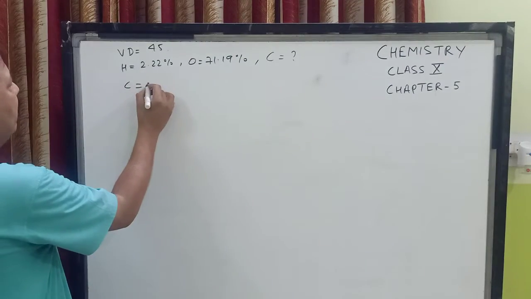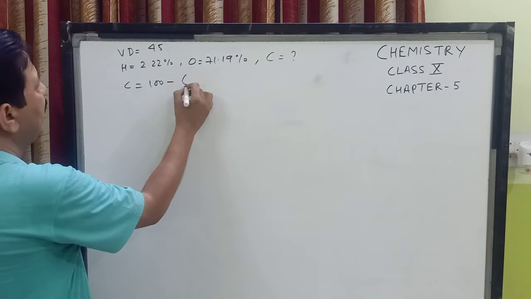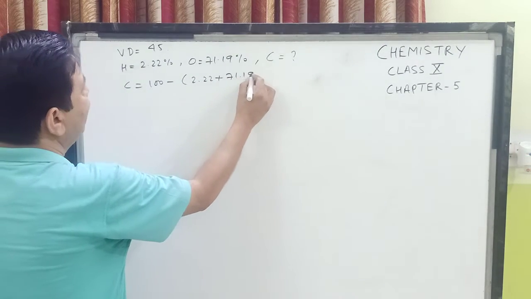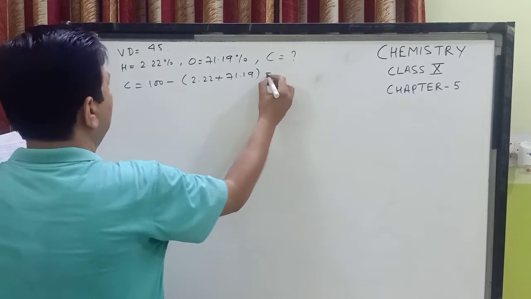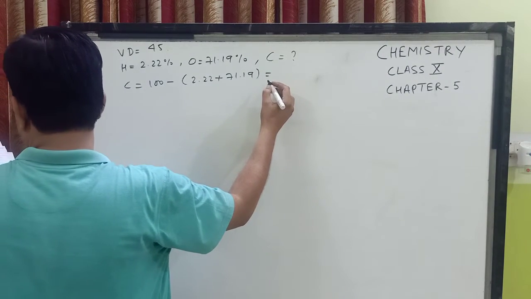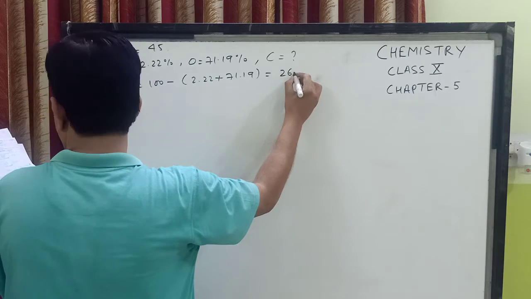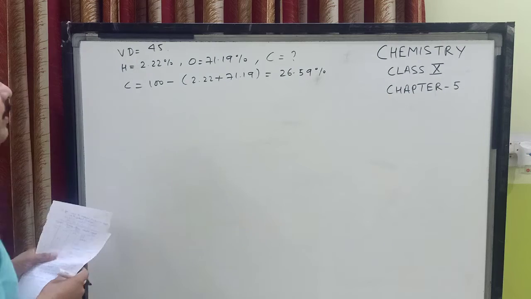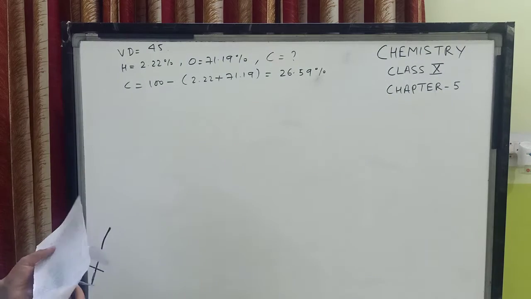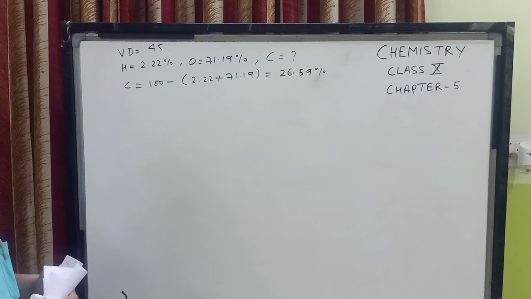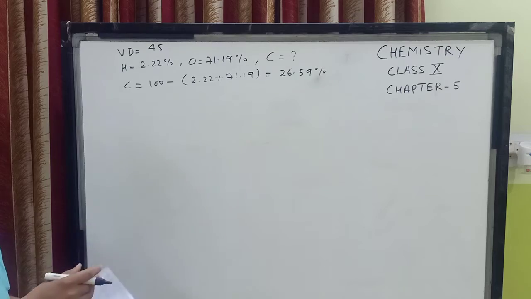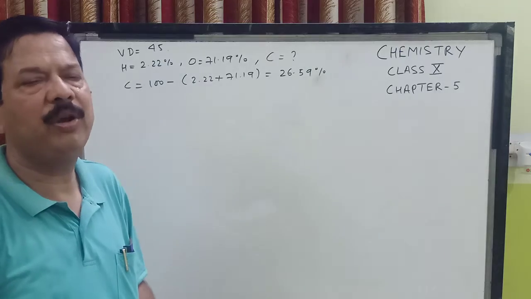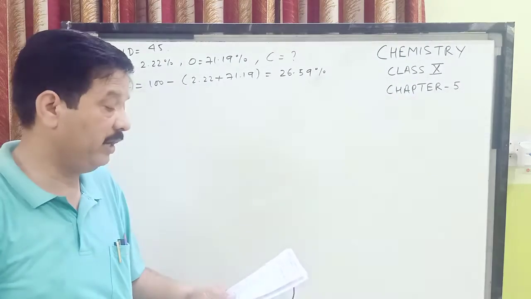So the percentage of carbon will come out to be 100 minus (2.22 plus 71.19). I have already calculated it, and it is coming out to be 26.59%. So vapor density is now given, and the percentage composition of two atoms was given, and carbon was not given, so we have calculated it because it is an organic compound, it must contain carbon.